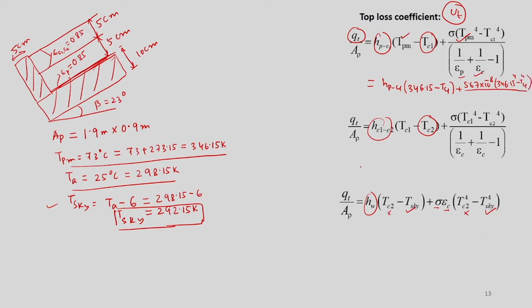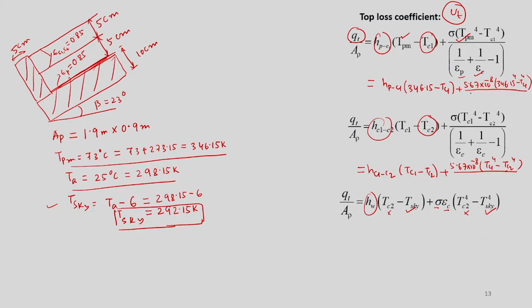And for this expression HC1 to C2, these TC1 and TC2 are unknown. Then we have 5.67 into 10 to the power of minus 8, then TC1 to the power 4, TC2 to the power 4, and then these values are known to us.